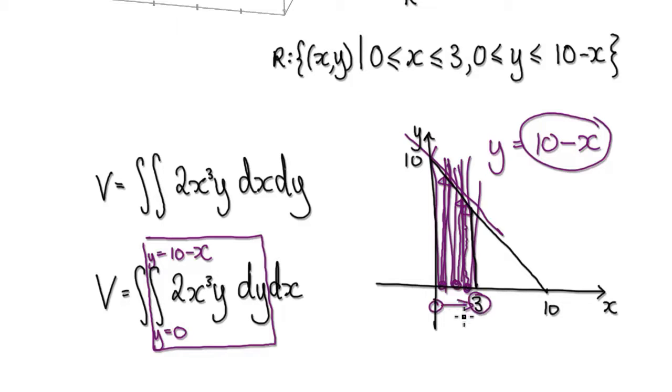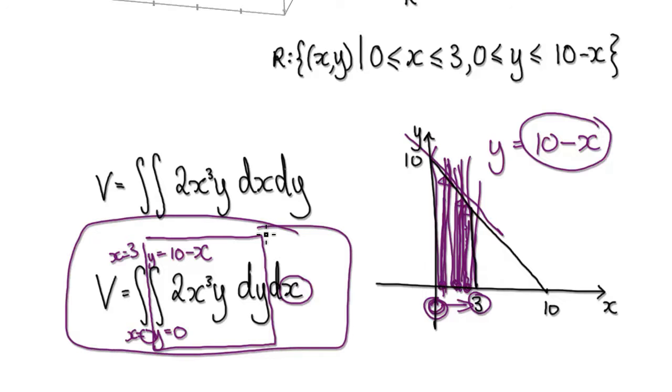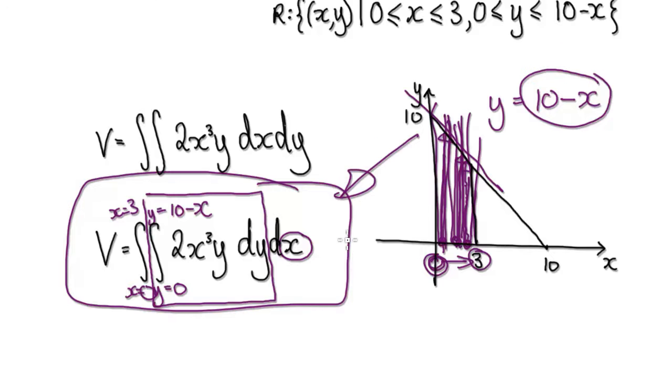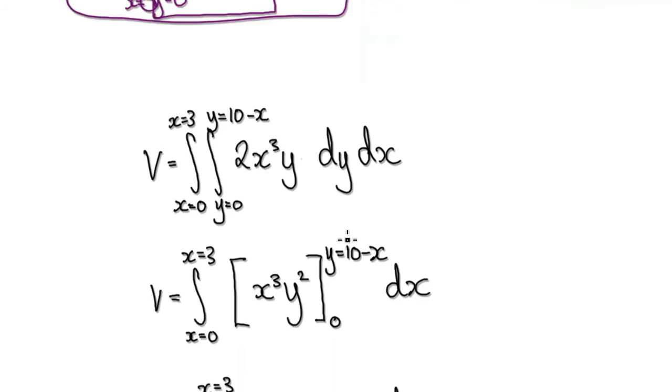This is x here, so that would mean x equals something. Well, you start at 0, and then you're scanning all the way to 3. So this is how you set up the volume here. Really it boils down to integrating this. Setting up the volume correctly would give you this.